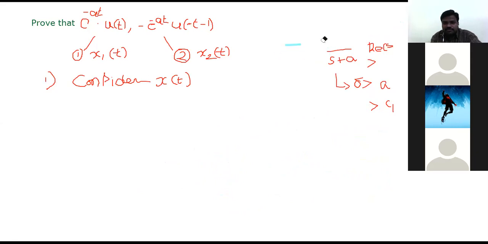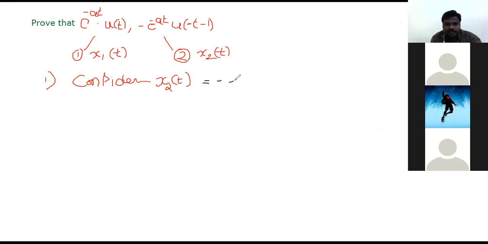Again I will write this later. Now consider x2 of t. What is that x2 of t?